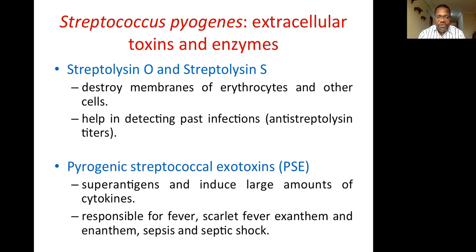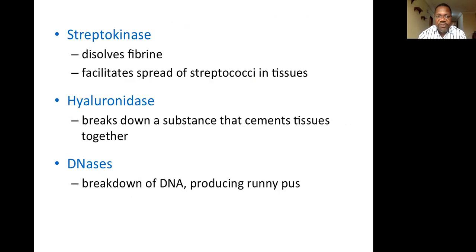We also have what we call pyrogenic streptococcal exotoxins. Those are superantigens, and when they are released, they induce large amounts of cytokines. They are then responsible for fever, scarlet fever, the exanthema that we can see, and sepsis and septic shock. So the patient will develop sepsis leading to septic shock because of pyrogenic streptococcal exotoxins.